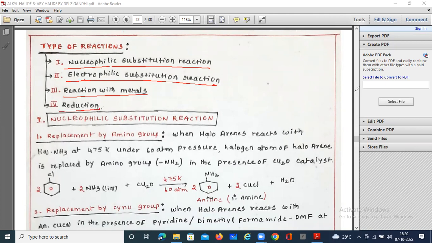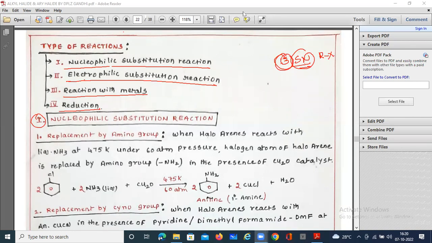Okay, and next let us look at the first one, nucleophilic substitution reactions. In alkyl halide, we learned 13 types of SN reactions. Do you remember the 13 types of SN reactions of alkyl halide? We learned all 13 types.